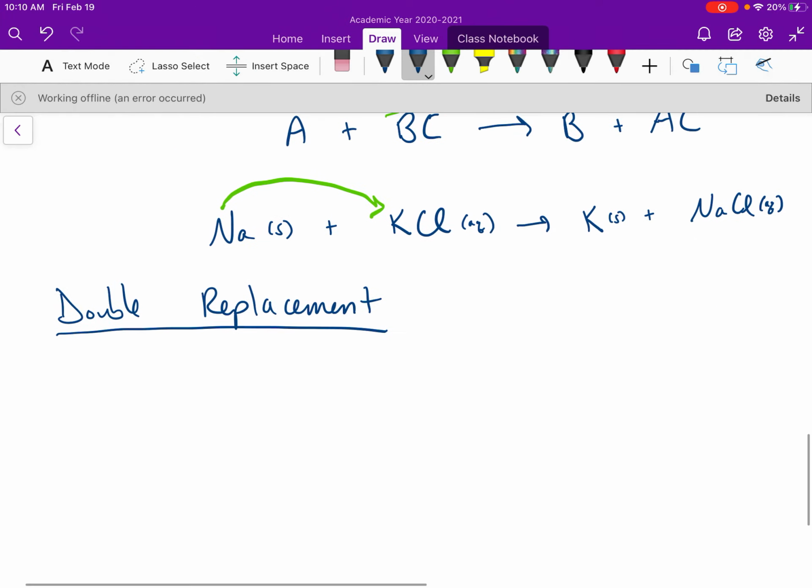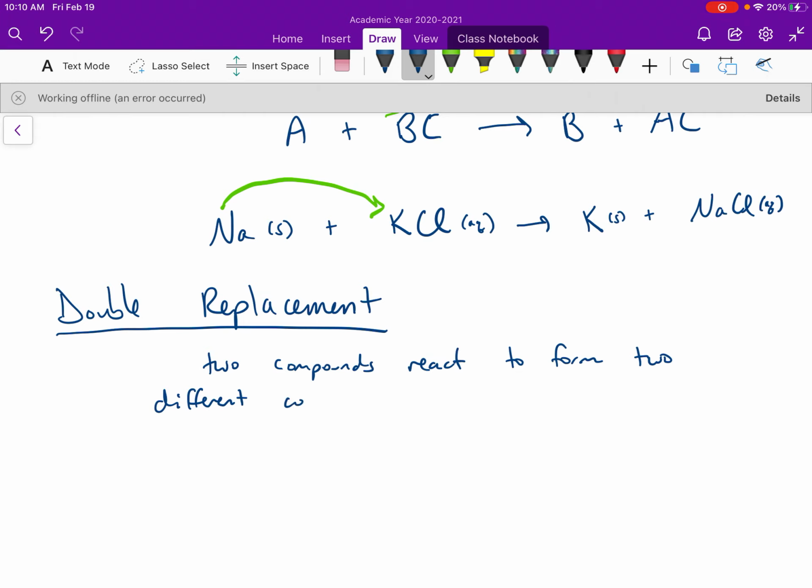Double replacement, okay, is when two compounds react to form two different compounds. So this would be like AB, CD, and you end up with AD and B and C, or some combination of that, right?